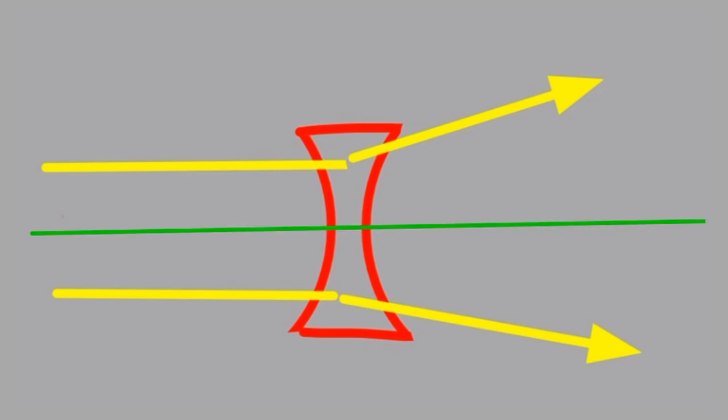When we observe these diverged light rays, we can see that they are originating from a common point on the other side of the lens. That point is also on the principal axis, and it is known as the principal focus of a concave lens.